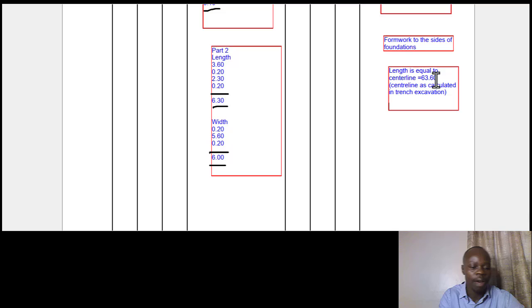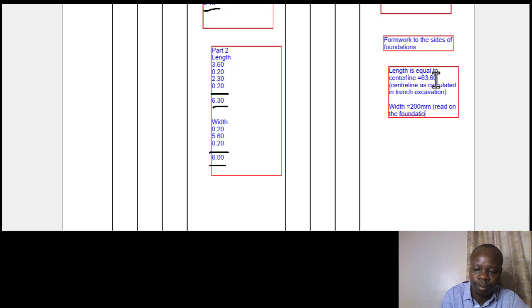And then for the width, it is equal to 200 millimeters. This you read on the foundation footing section.